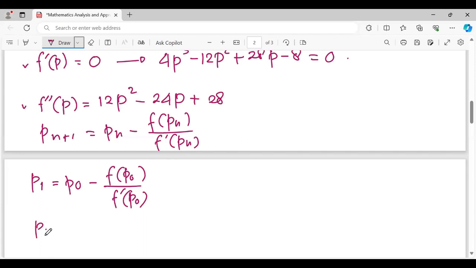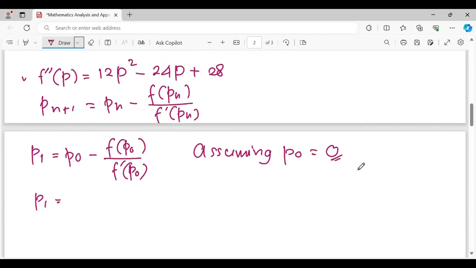So P1 equals, with assumptions, because it's the smallest value, assuming P0 equals 0. 0 is the smallest of the numbers 1, 2, and so on.